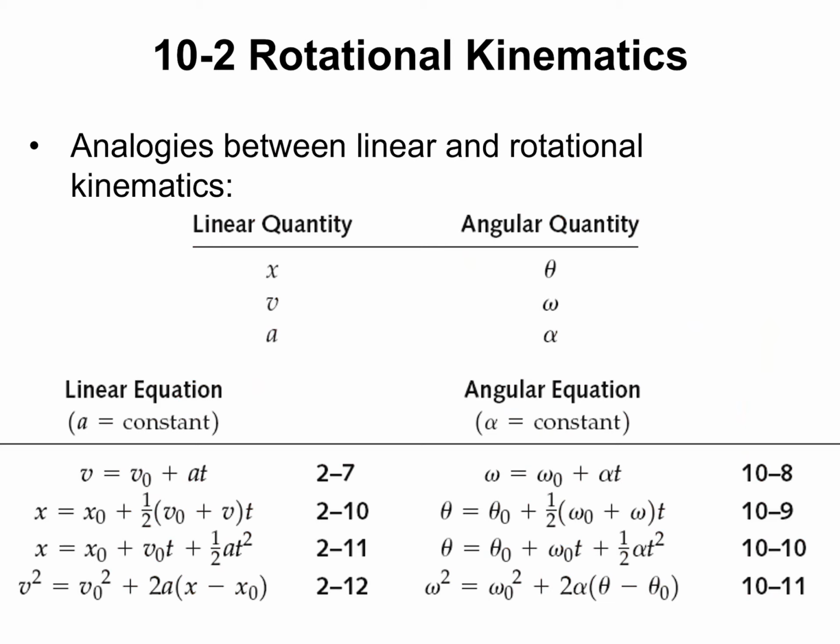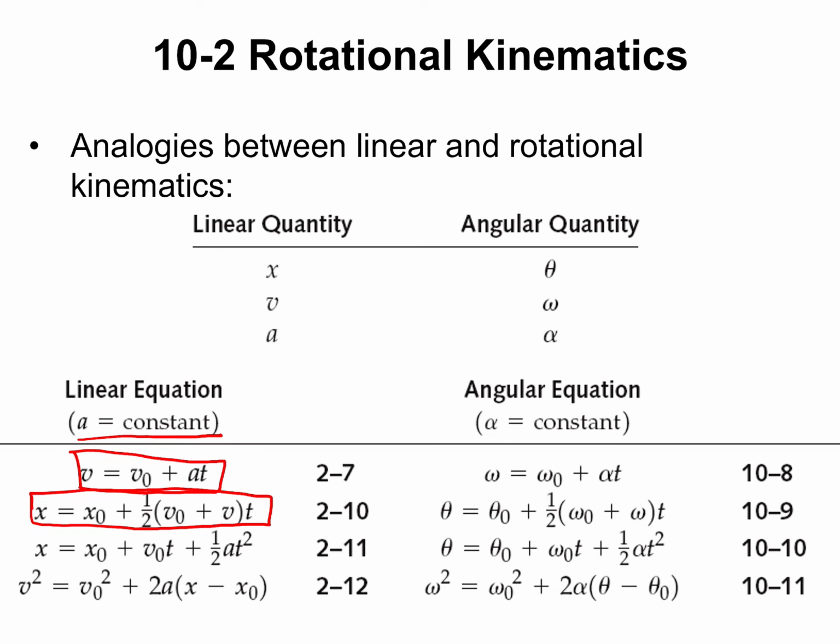Okay, and if we compare other things together, we can use the same logic to figure out angular velocity and angular displacement. Basically we have two equations, and based on the two equations we can derive a third one. In linear motion, if a is constant, this is the velocity at any given moment, and this is the position at any given moment, right?